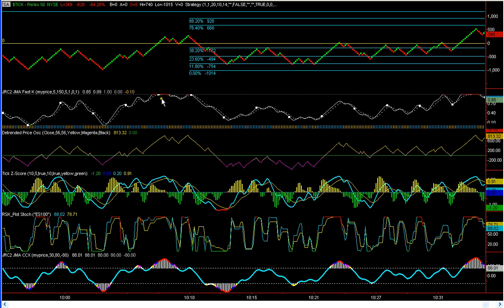On this subgraph, we're running a Zurich stochastic set to 5 and 150 on the 50 brick Renko. We've adjusted the Zurich stochastic so that we can see more readily where the stochastic is entering into an overbought or oversold zone, and by that we define the overbought as being at 100 and the oversold at 0.